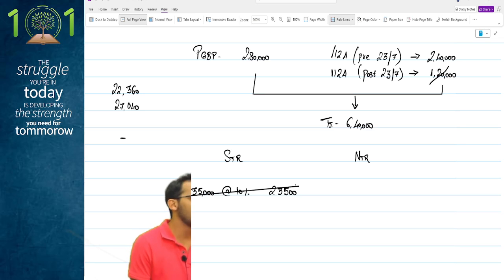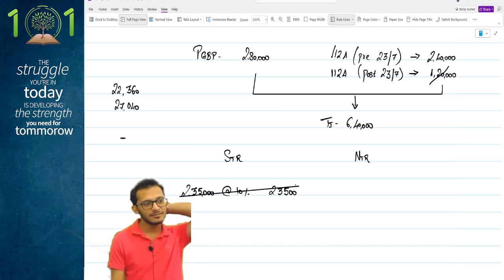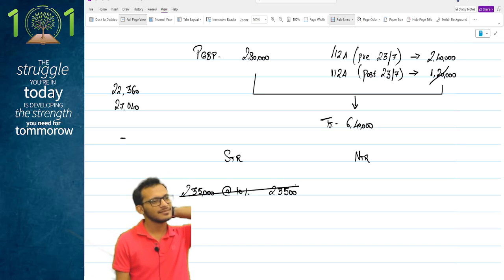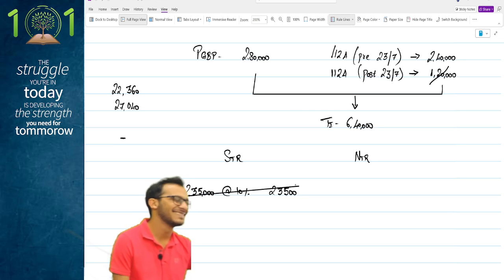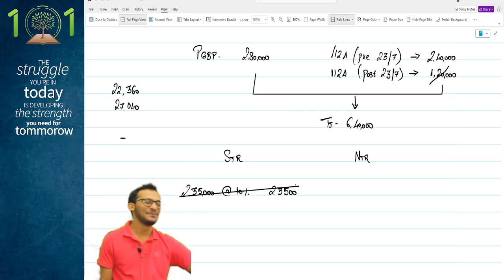You don't have to opt for default tax regime. You are always in default. You have to opt out. He's saying there is no need to opt for a default regime when it is already default.